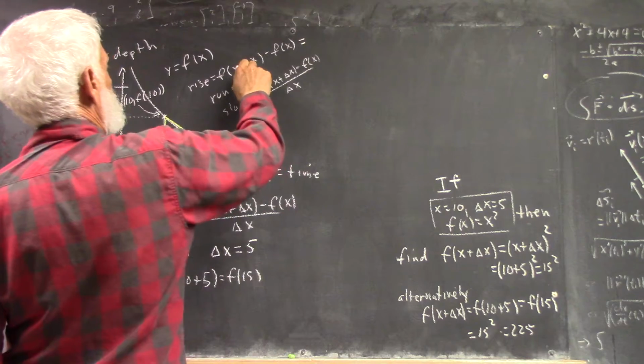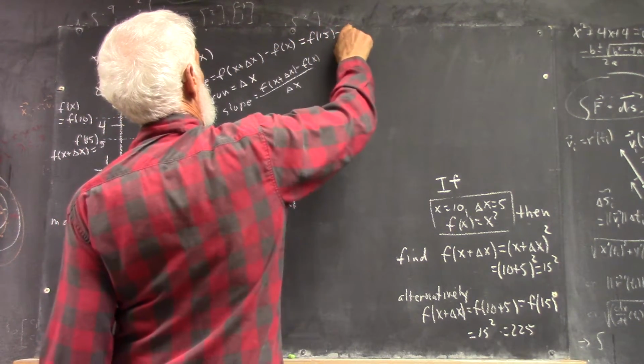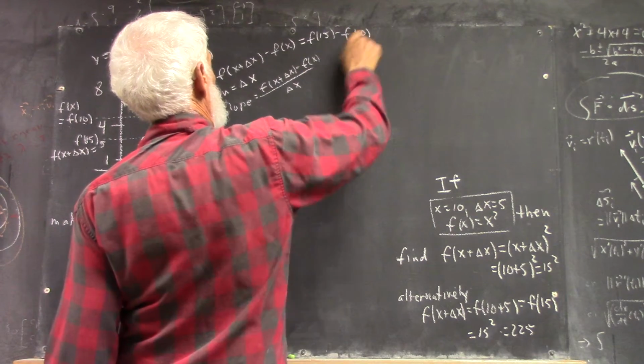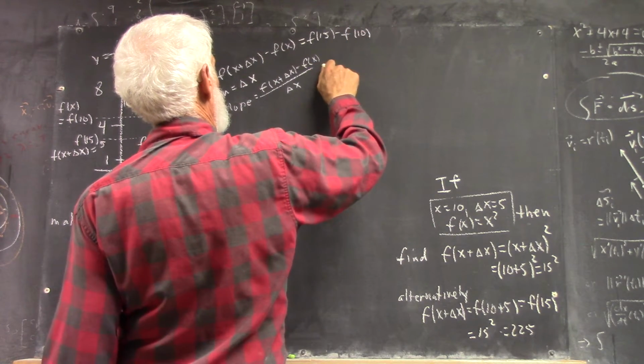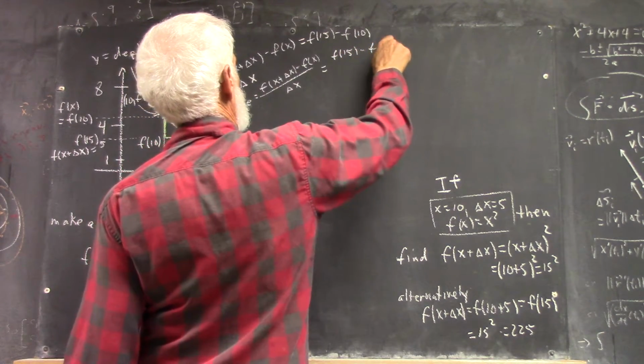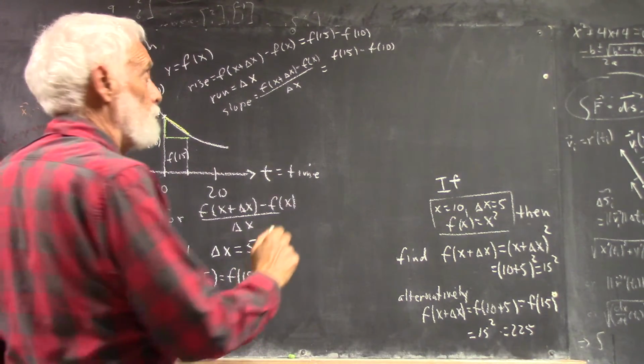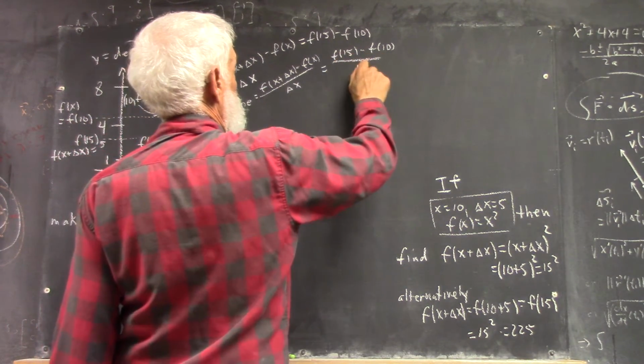Now, f of x plus delta x minus f of x is f of 15 minus f of 10. Numerator is f of x plus delta x minus f of x. And you're dividing that by delta x, which is 5.